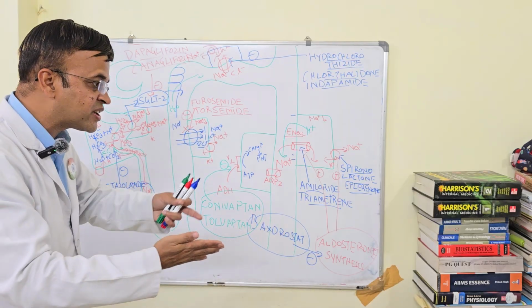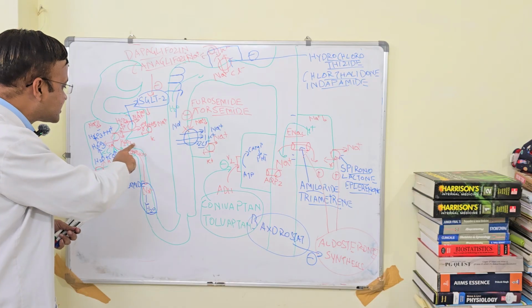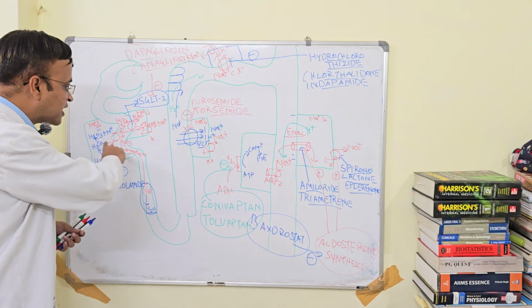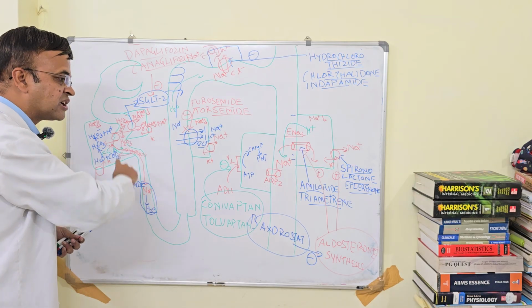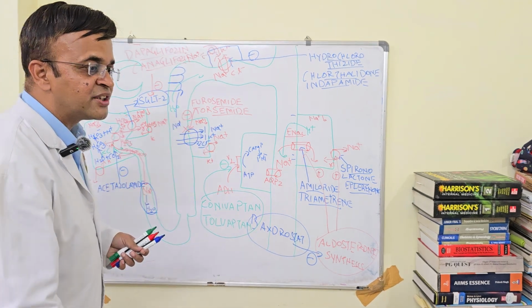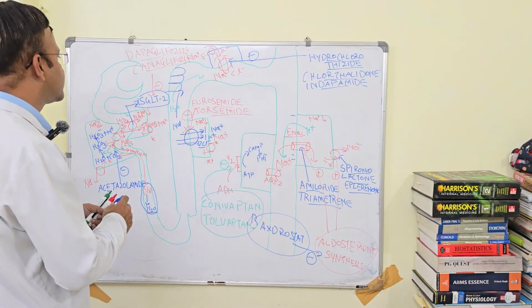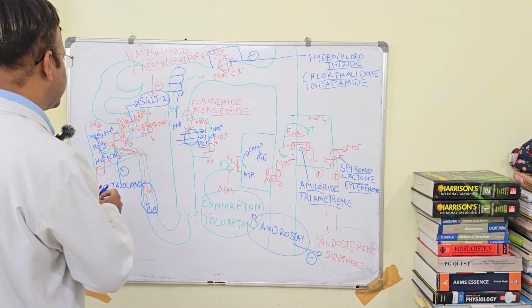If the sodium hydrogen exchanger gets inhibited, more sodium will stay inside your tubules, and the water is going to follow. It will ultimately lead to diuresis. The name of that drug is rolofylline.